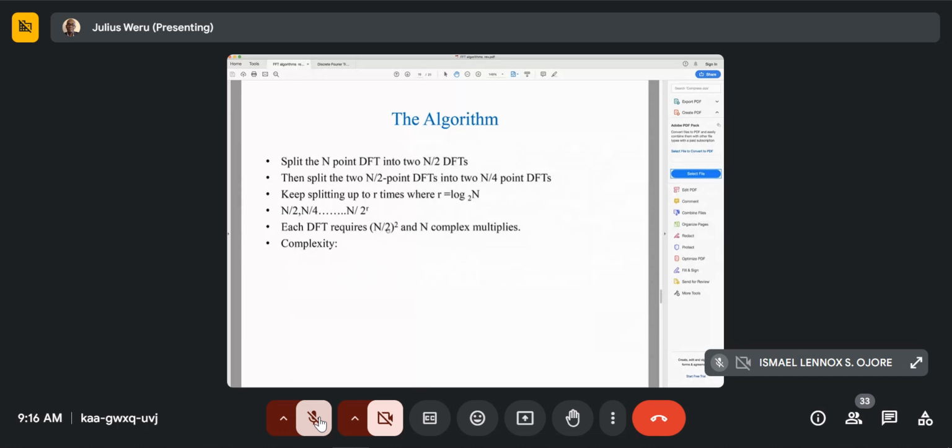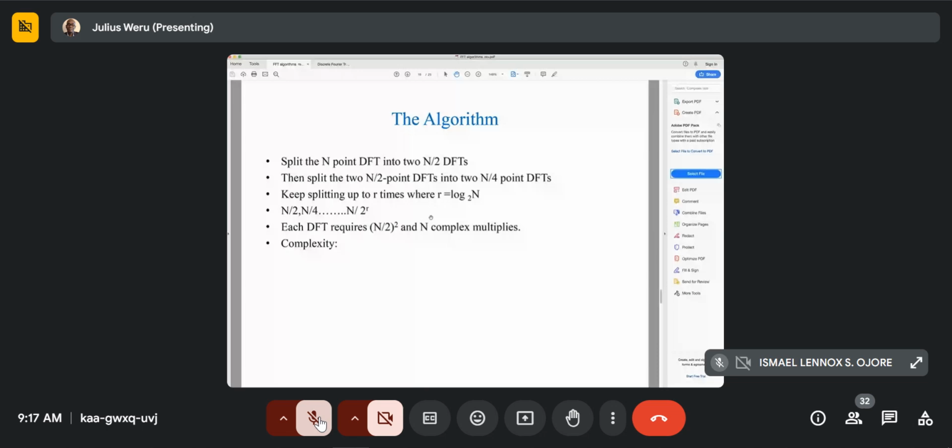So now let's see how this algorithm works, or reduces the complexity, because that is what is of importance to us. You split the DFT into 2 n over 2 DFTs.